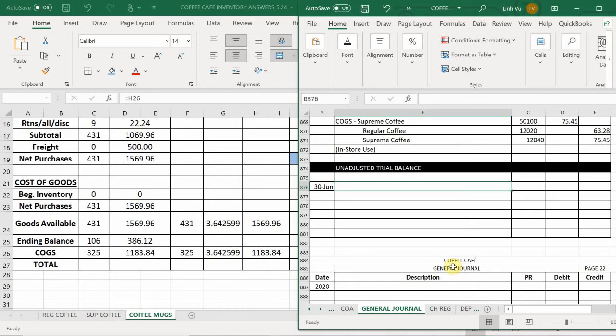Where's my chart of accounts? I don't have my chart of accounts handy.